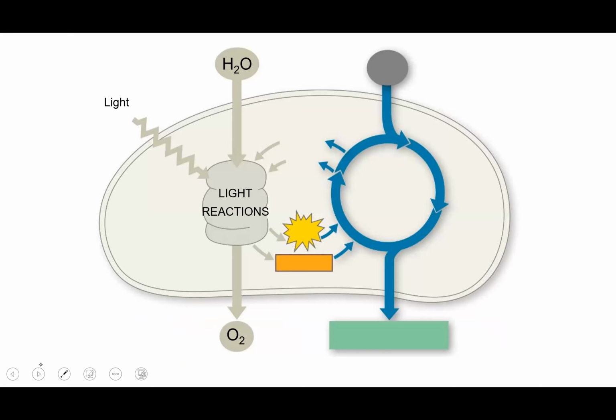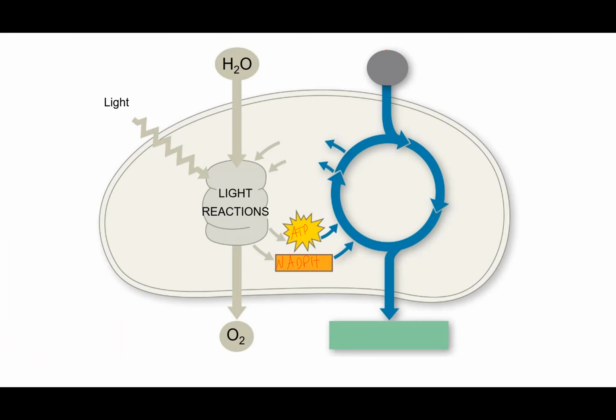We already talked about chemiosmosis. So this ATP and these NADPHs are going into the Calvin cycle.